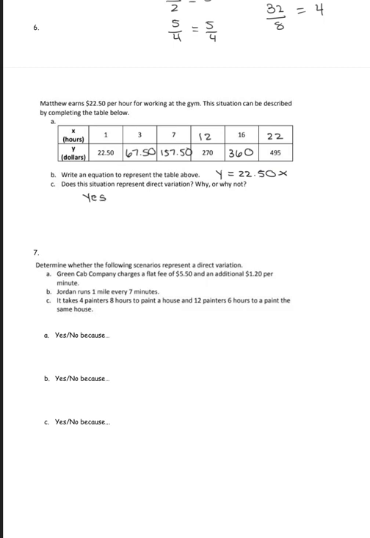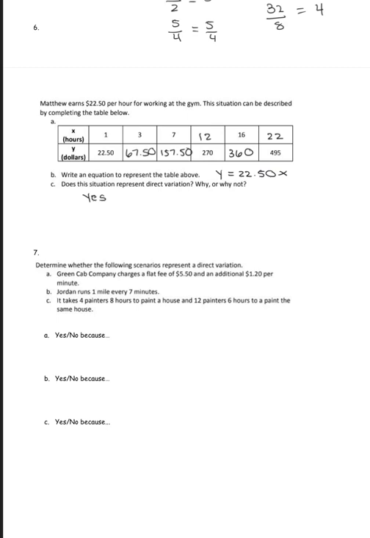And it represents a direct variation because we have a constant of $22.50 for the table and for the values. When you take a look at it, if he works 0 hours, how much money does he get? He gets $0. Therefore, letting you know that we are starting at the origin. And remember, our y-intercept for our graph is always 0. So this does represent a direct variation, and that's because we do have a constant of proportionality, which is $22.50.